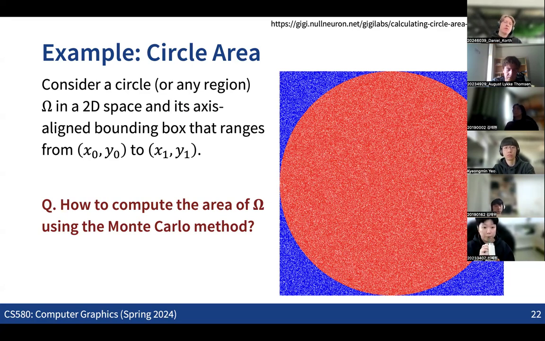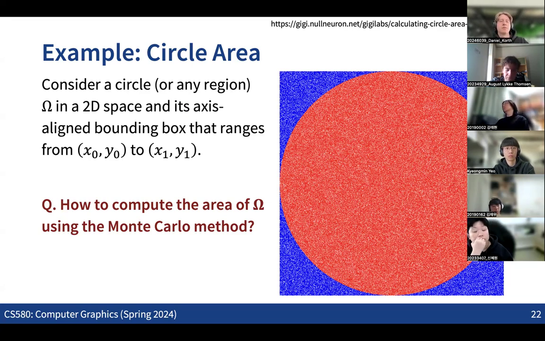Let's consider some region in two-dimensional space, denoted as omega here. For a circle we obviously know the formula, but let's assume that we don't know an analytic way to calculate the area of the given region.